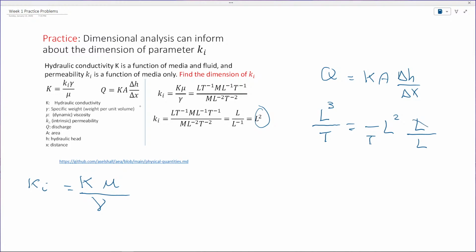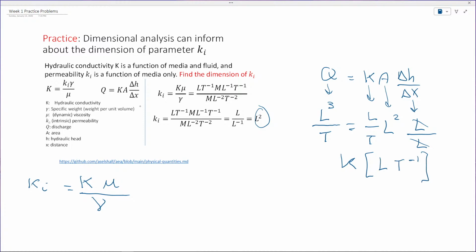And this length goes with this, so we need another L here. So K will have a dimension of L over T. Because A has a dimension of L squared, and the hydraulic head gradient is dimensionless. So the dimension of K is L T minus 1.